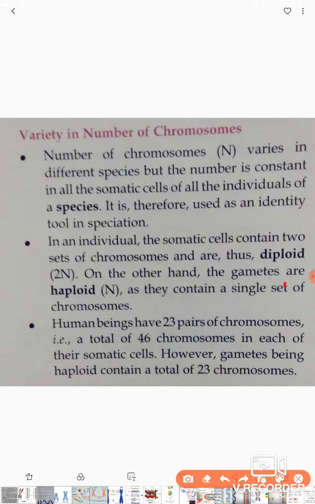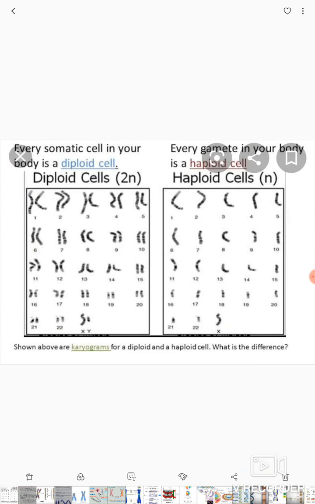In an individual, the somatic cell contains two sets of chromosomes. That's why it is called diploid. See here, I have given the example of the human being. We have diploid cells, which means we have two sets of chromosomes.